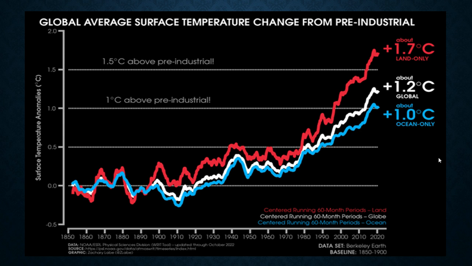Look at the meandering, the wild changes in weather patterns, temperature swings, precipitation bombs, etc. So, this is not good. Again, 1.5 above pre-industrial, 1.0 above pre-industrial.